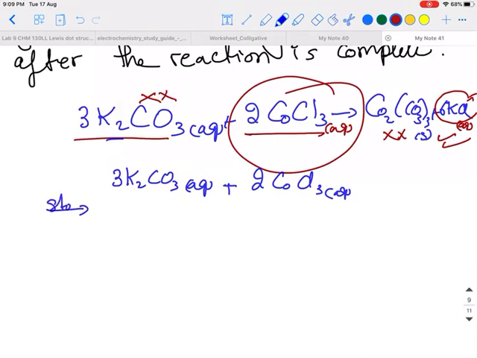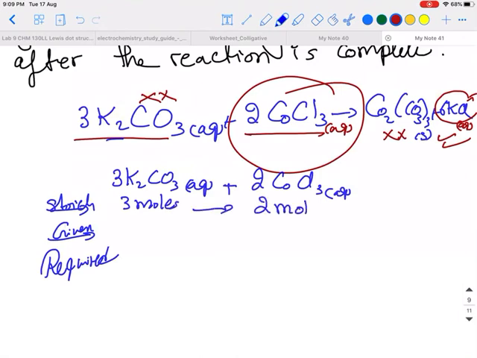So plus 2CoCl3. The first line is according to stoichiometry. The second is the given and the required. Okay, so every 3 moles should correspond, as a stoichiometry, to 2 moles of cobalt chloride.